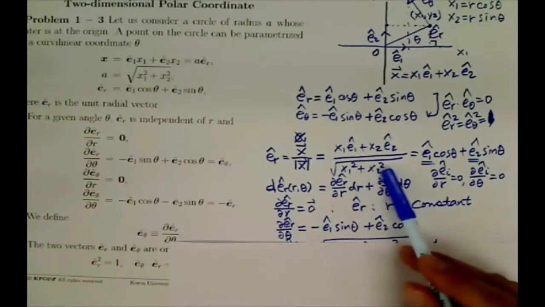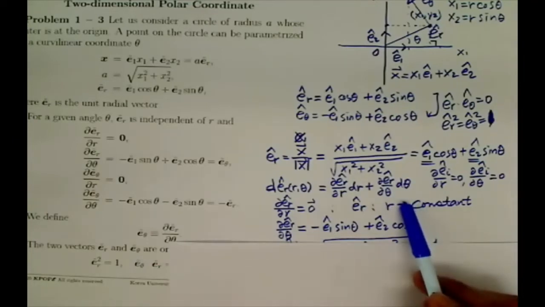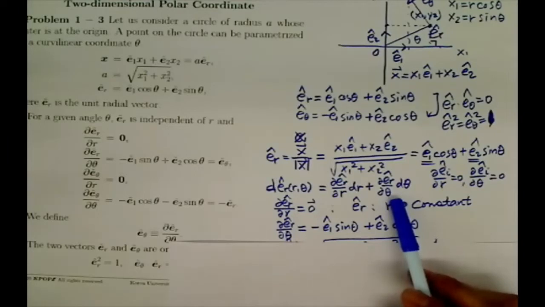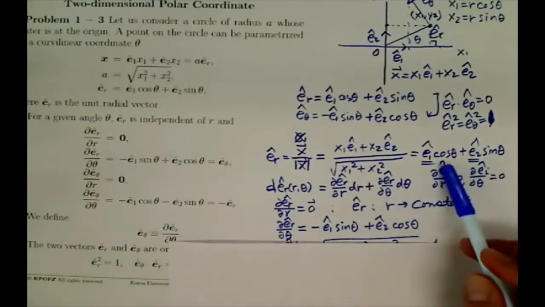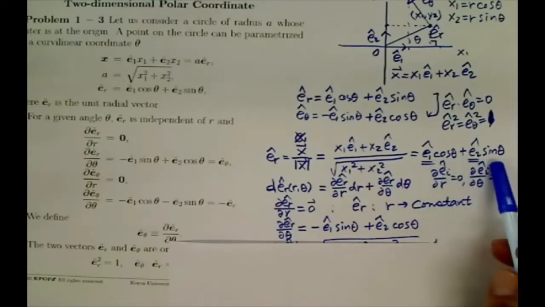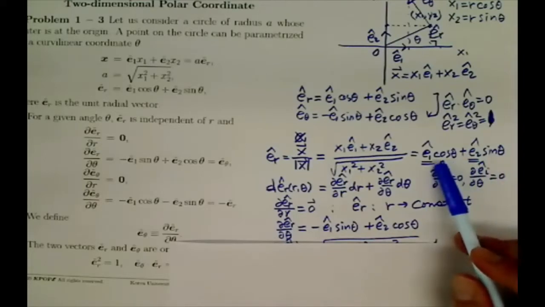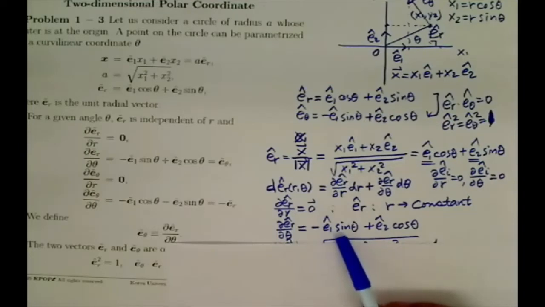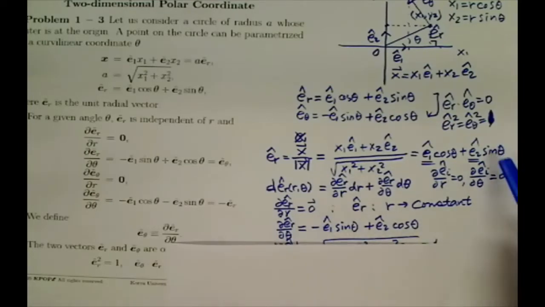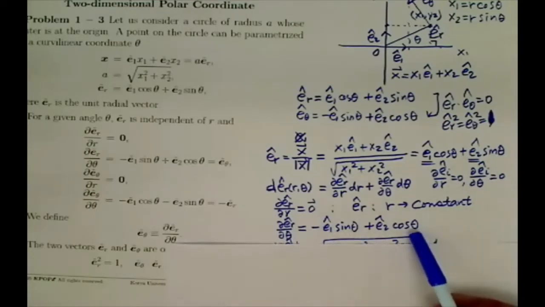Next contribution is this one: the partial derivative of er hat with respect to theta. However, we have theta dependence in both x1 and x2 components. So the final result is, if I take the derivative with respect to theta, cosine becomes minus sine, and sine becomes cosine theta.